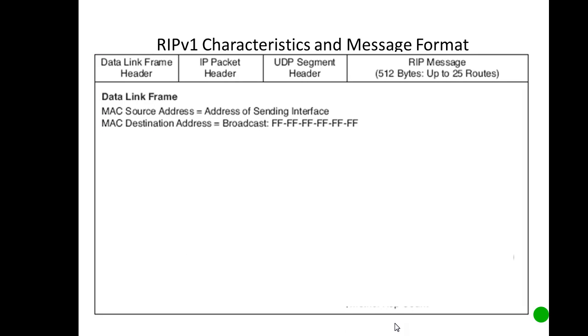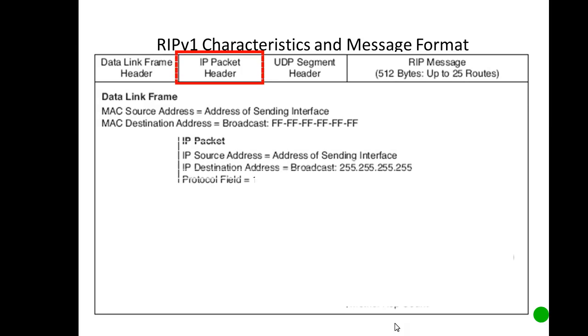So this is the routing update message format. This is a dynamic routing protocol, so there are a lot of update messages exchanged between two routers.